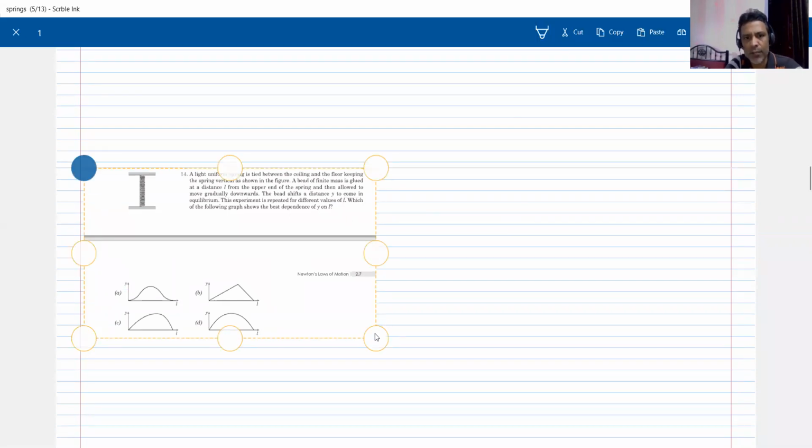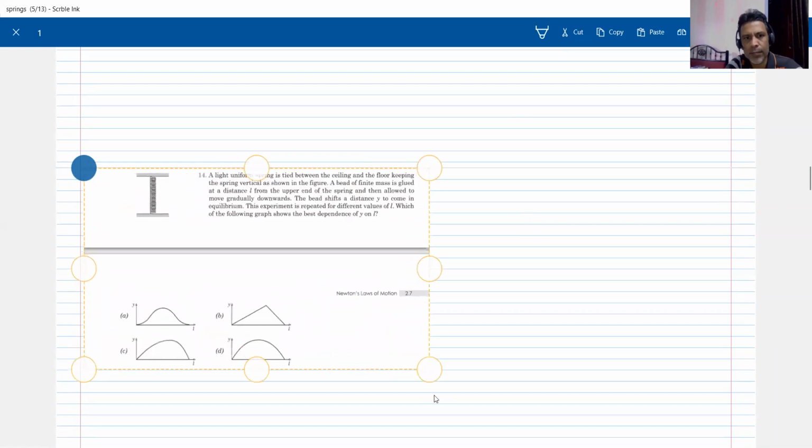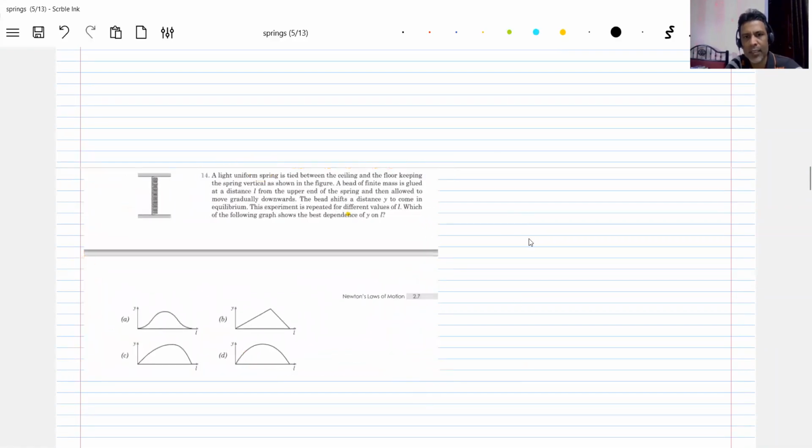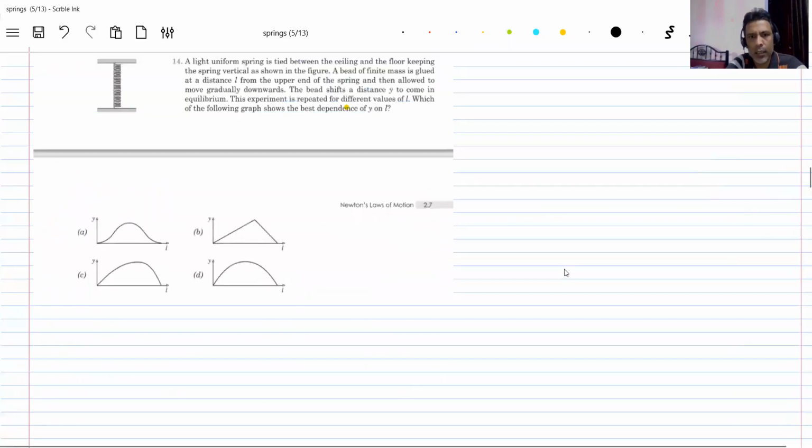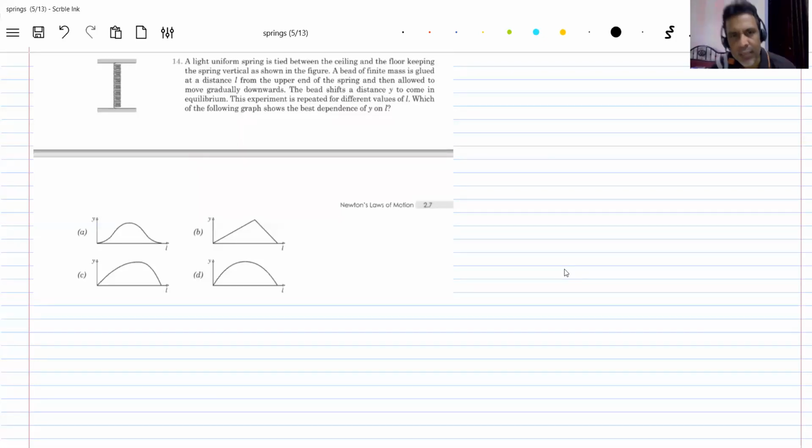Okay, read the question. I'm just magnifying it. A light uniform spring is tied between ceiling and the floor, keeping the spring vertical as shown.